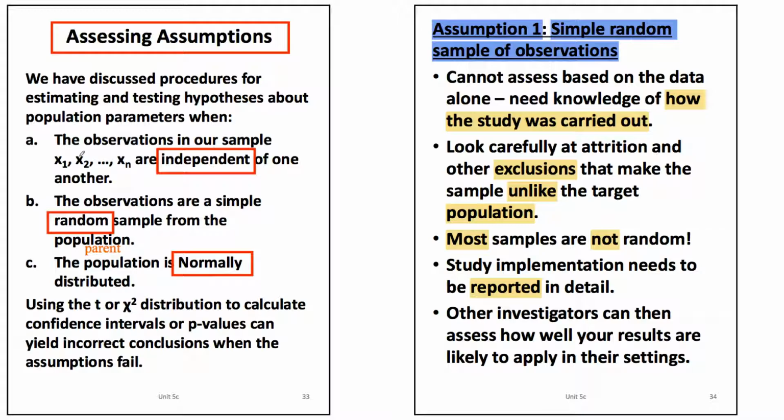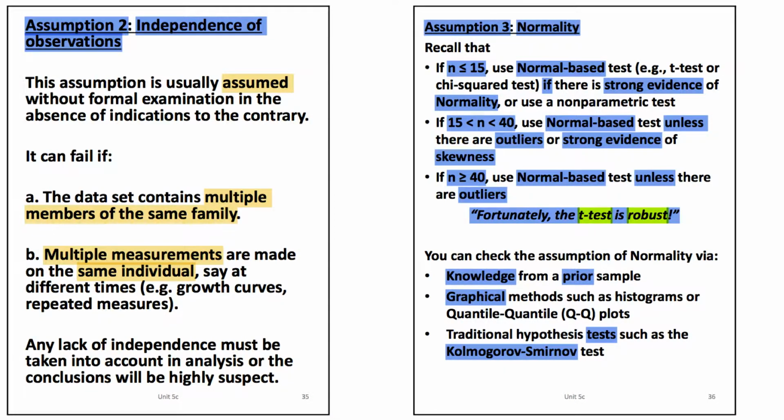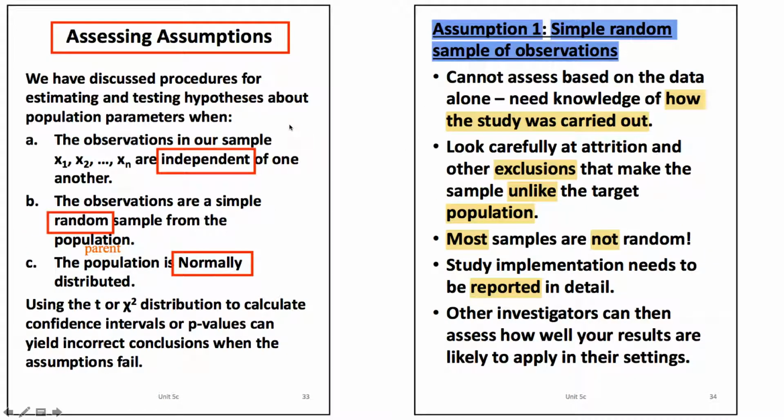Okay, so for assumption 1, a simple random sample of observations. That should be random, right? This one should be this B here. We cannot assess this based on the data alone.